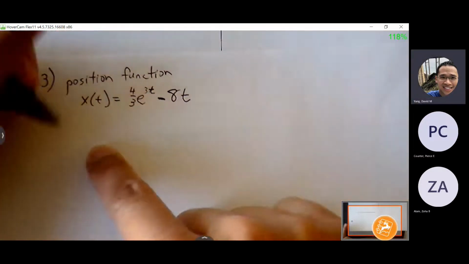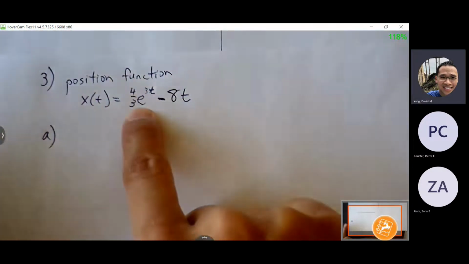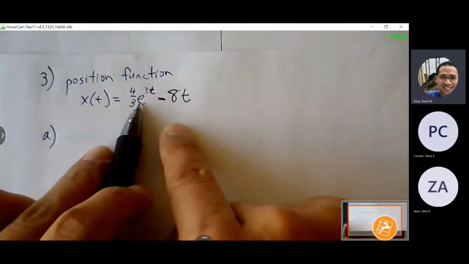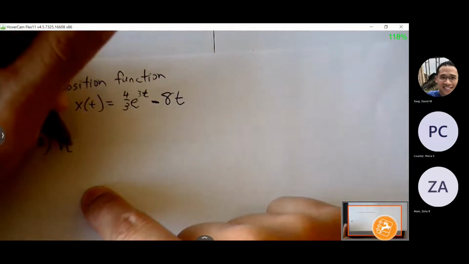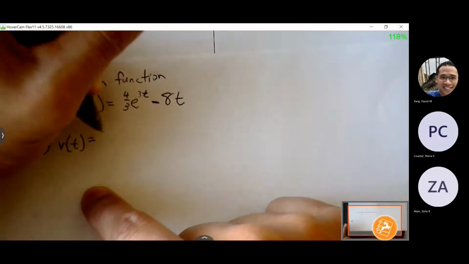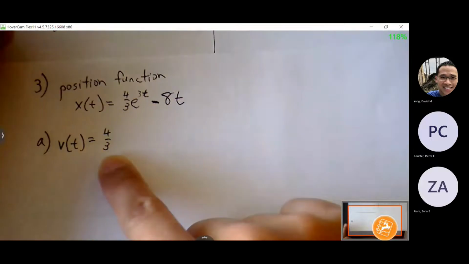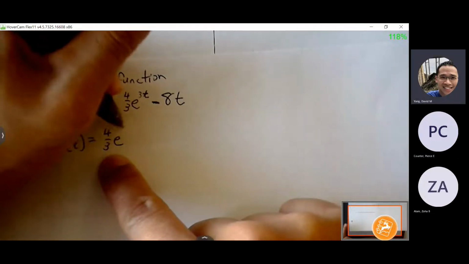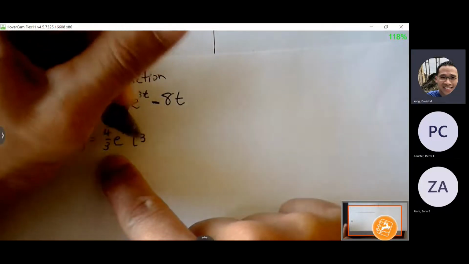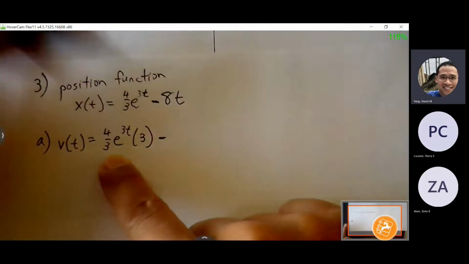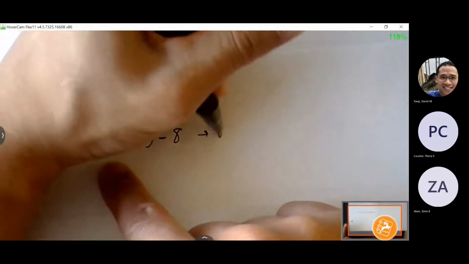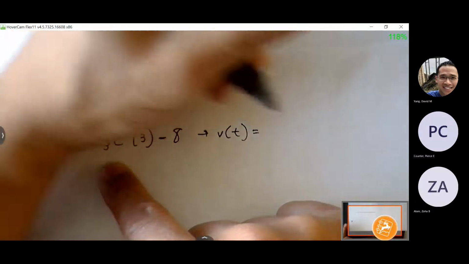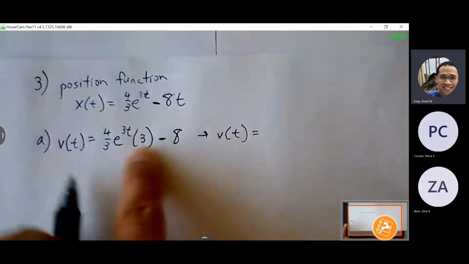All right, so if I want to find my velocity function, I can just go directly into my derivative rule. E to the u has its own rule. 8t is just power rule. Coefficient stays. E to the u becomes e to the u times u prime. 8t becomes just 8. Do some cleanup here.